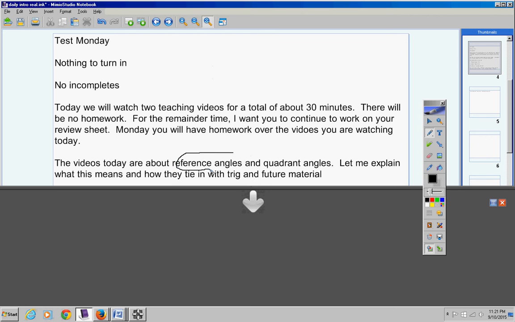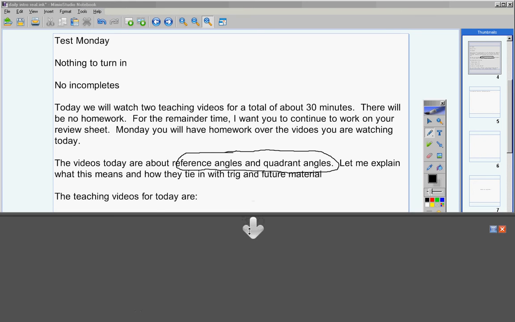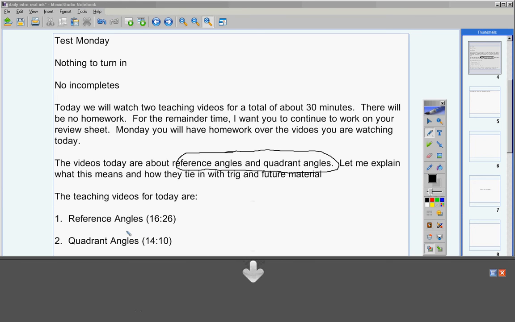This is really important. You've got to be able to do this because when we go into deeper trig, you're going to have to know how to find a reference angle very quickly, and you're going to have to know how to find the trig function of a quadrant angle very quickly. The teaching videos for today are reference angles, about 16 minutes, quadrant angles, about 14 minutes.